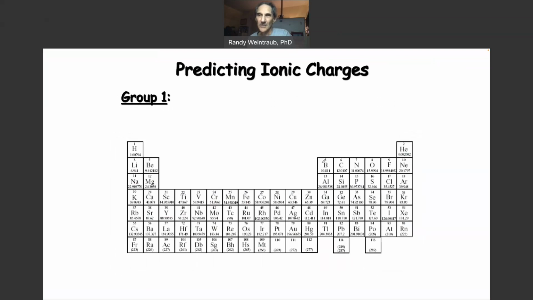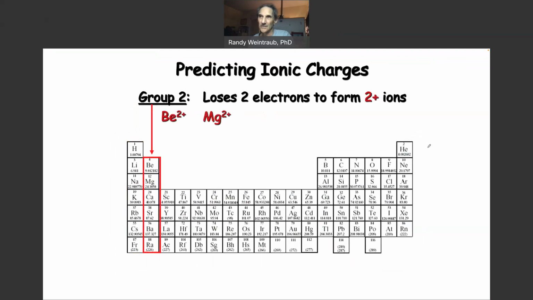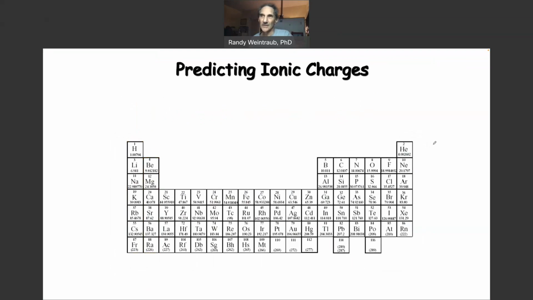Again, here's a way to predict what charge the ions will have. Group 1 will lose 1 valence electron to form a +1. For example, these ions. Group 2 loses 2 electrons.